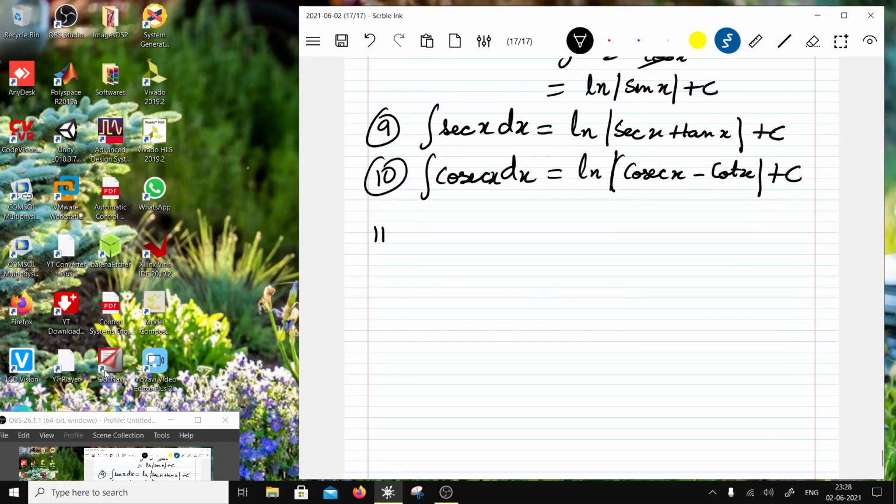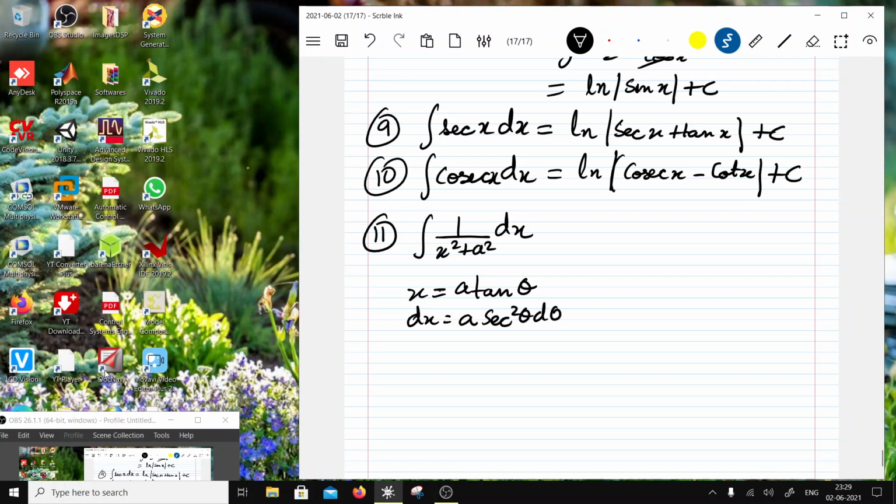Okay, the 11th one is integral 1 over x square plus a square dx. Now let's say x is equal to a tan theta. So then dx is equal to a sec square theta d theta. Correct?